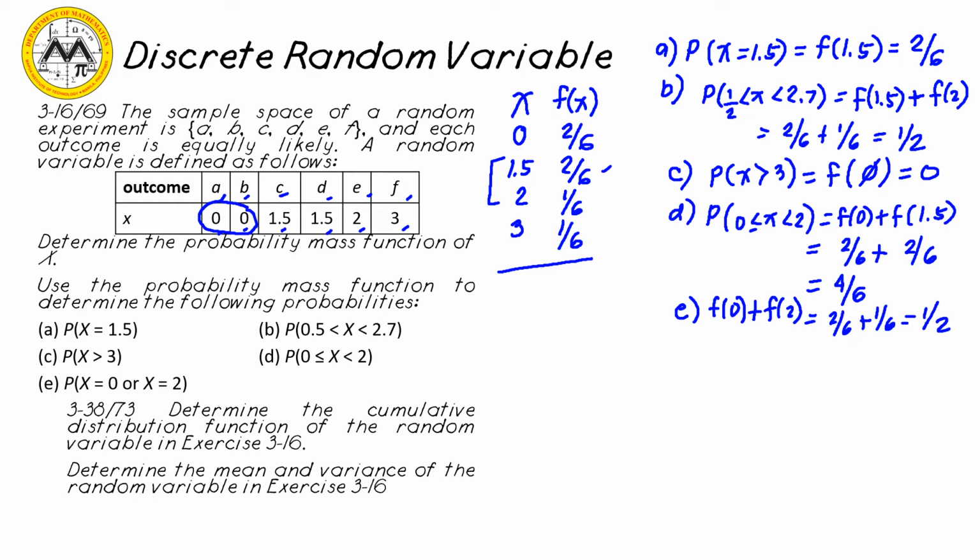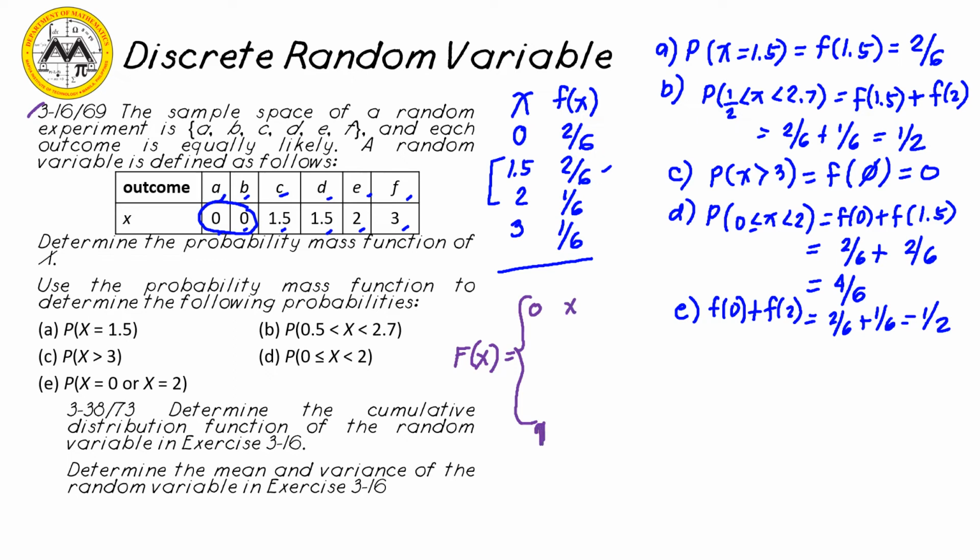Next, determine the cumulative distribution function of the random variable in exercise 3-16. So from this problem, let us solve the cumulative distribution function. As a hint, you should always start with 0 and end with 1.